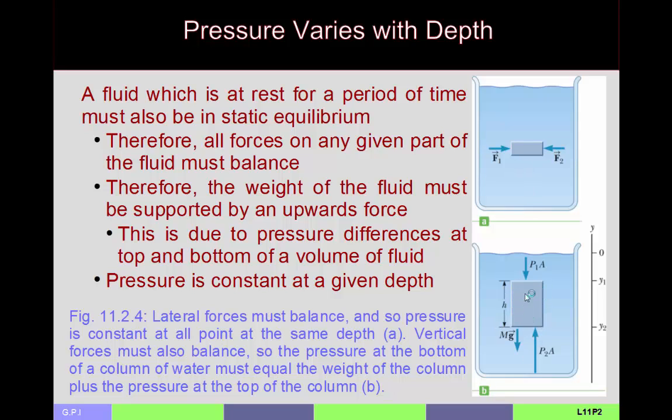It can't fall, it can't rise. The only way for that to happen is that the weight of this column of fluid must be balanced by a net upward force. That net upward force is the pressure from below pushing upward being greater than the pressure from above pushing downward. And it turns out also that pressure is constant at a given depth below the surface of a fluid.